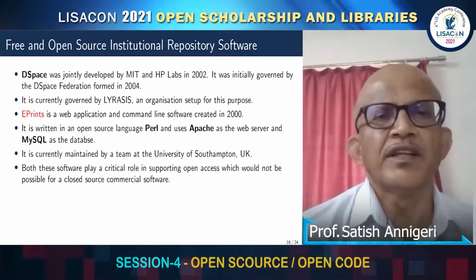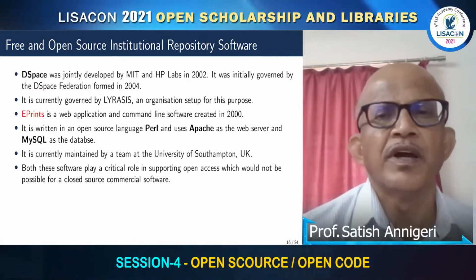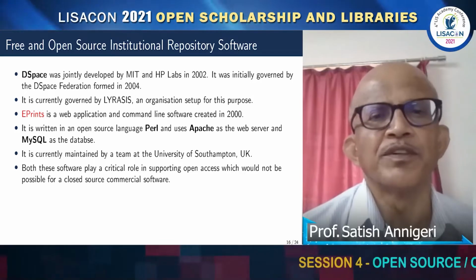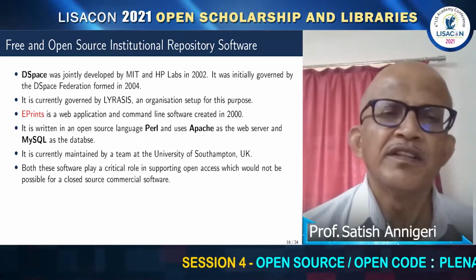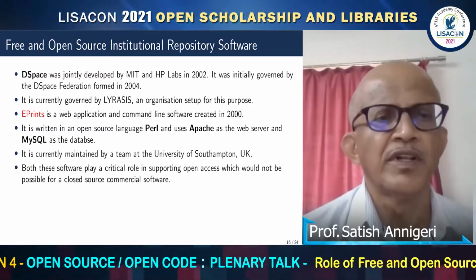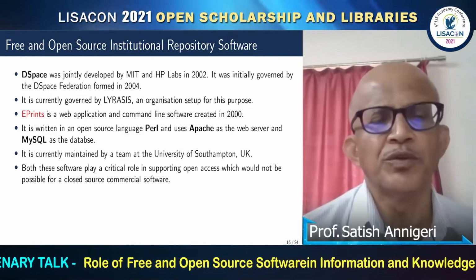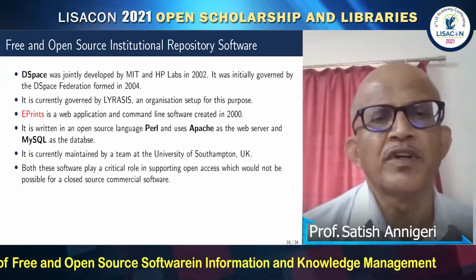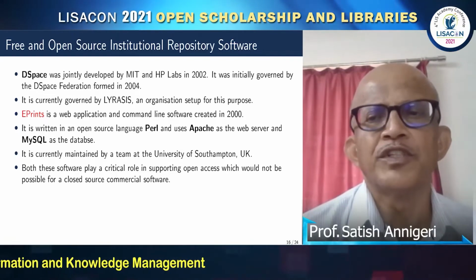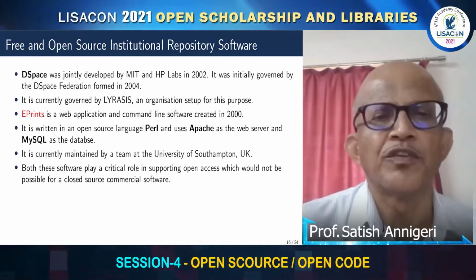EPrints is written in an open source language, Perl, and uses Apache as the web server and MySQL as the database. So you can see that these software in turn make use of other free and open source software. EPrints is currently maintained by a team at the University of Southampton, UK, and both these software play a critical role in supporting open access, which would not be possible for a closed source commercial software.